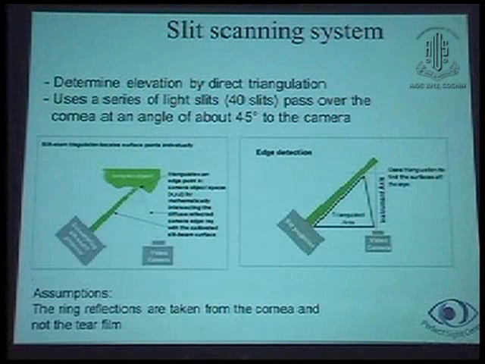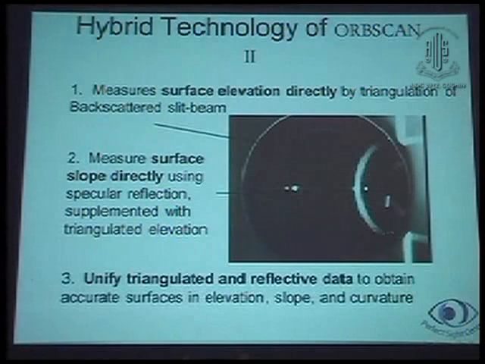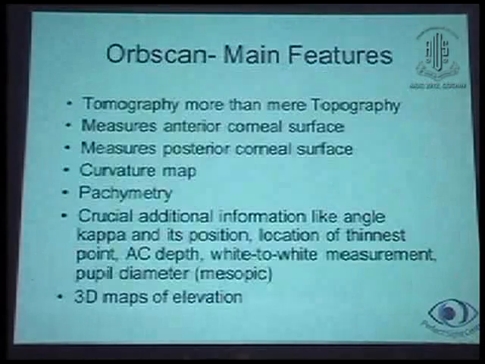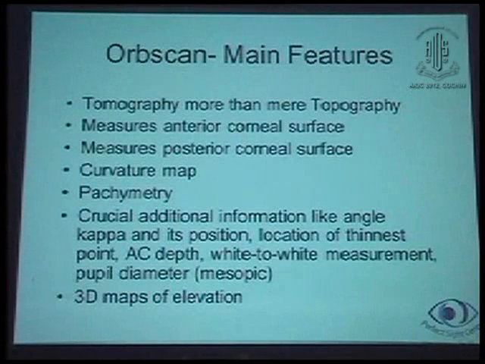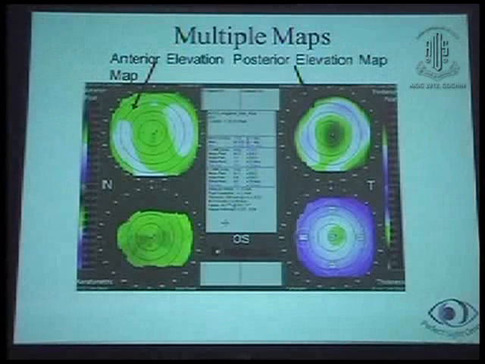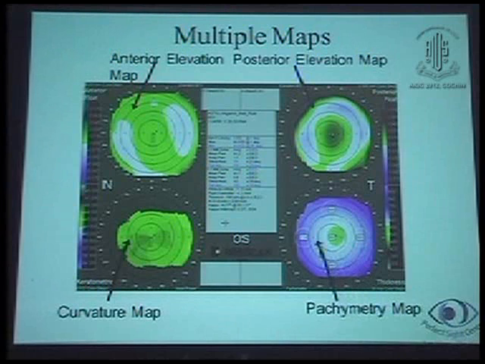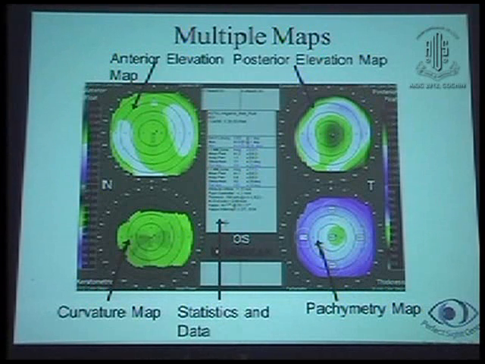Now the slit scanning system, the OrbScan, I won't dwell too much on it because the idea was to talk about the Scheimpflug imaging. This has a dual, hybrid technology. It has Placido discs also, and it also has a scanning slit. It measures the anterior surface, the posterior surface, the curvature maps in terms of keratometry, and the pachymetry map, along with certain information which is very critical in certain surgeries.